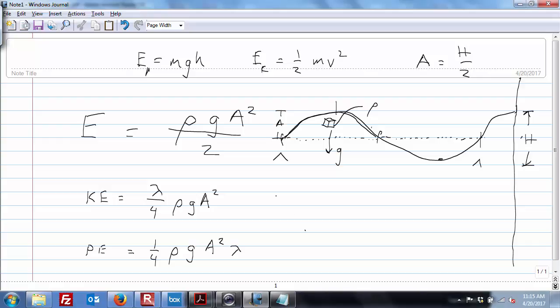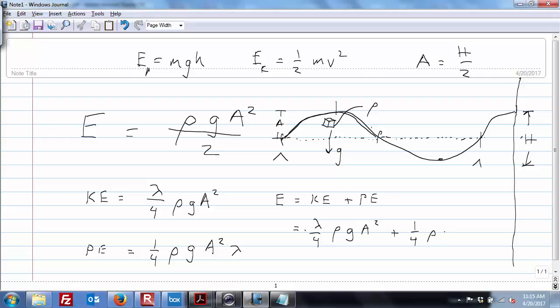And now if we say that total energy equals the kinetic energy plus the potential energy, that equals just these two together, so lambda over 4 rho g a squared, and if you stare at this long enough, you'll see, gosh, they're the same, plus 1/4, and I'll just keep it in its original form.